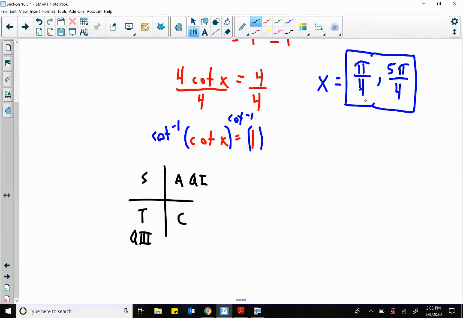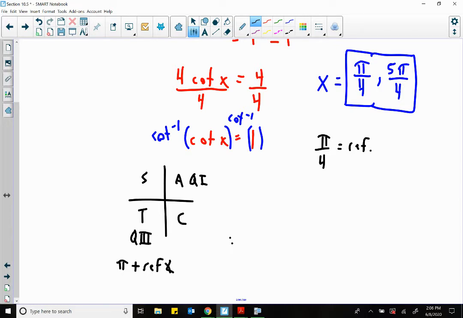Since we know the first angle, we can get the third one by treating this like a reference angle. Pi over 4 is my reference angle. I can find this angle by taking pi plus my reference angle.